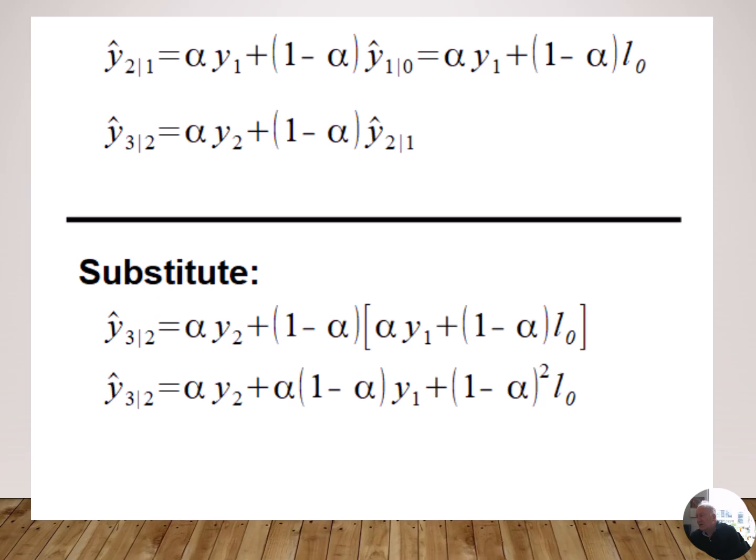So we plug in for this value. When we plug in, what we end up with is alpha y1 plus 1 minus alpha L naught, times 1 minus alpha. So our next value is going to be alpha y2, plus alpha times 1 minus alpha y1, plus 1 minus alpha squared L naught.